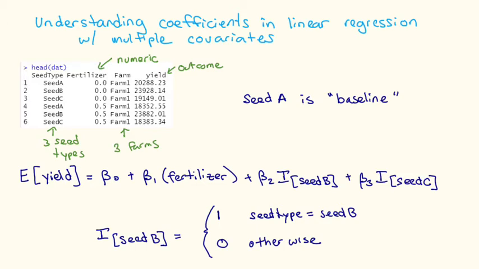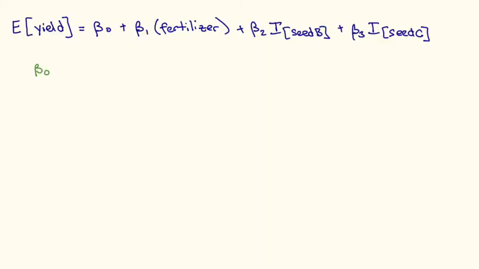If we put another term in for seed A and we kept the intercept, then we would have too many columns. We would have columns that add up to the intercept, and our matrix wouldn't be invertible. So we wouldn't be able to fit the model.